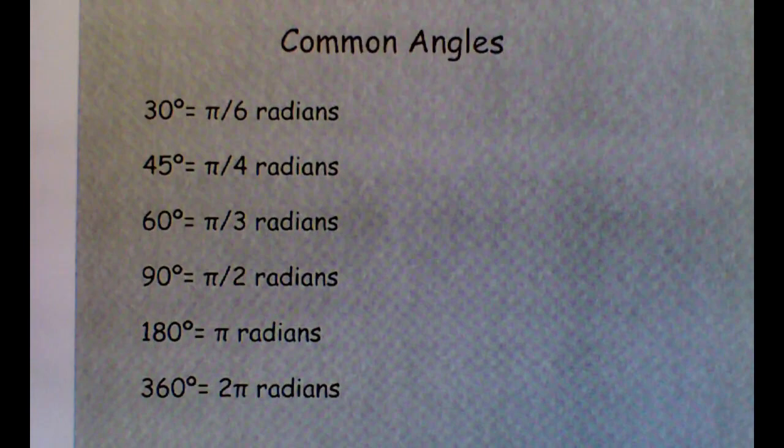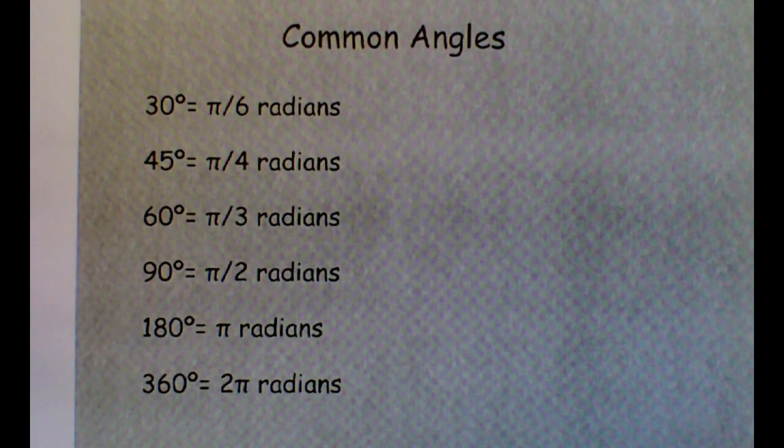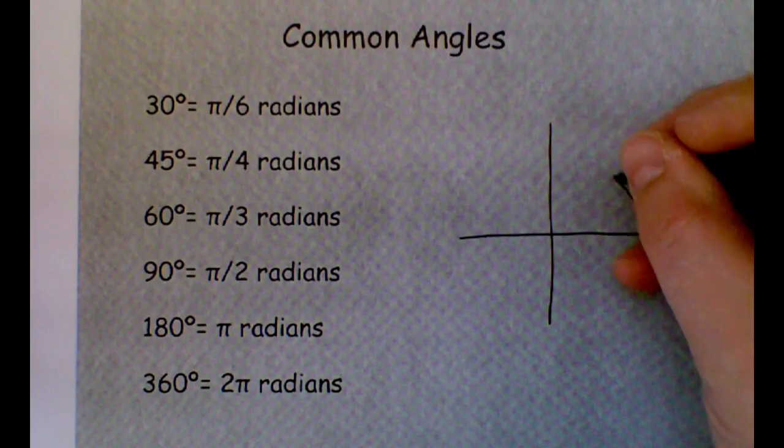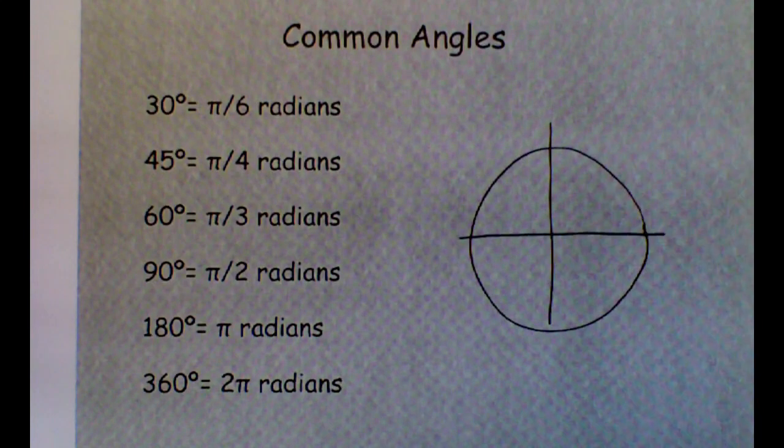Some common angles for us. 30 degrees is pi over 6 radians. 45 degrees is pi over 4. 60 degrees is pi over 3. 90 degrees is pi over 2. 180 degrees is pi. 360 degrees is 2 pi. So if you were looking at a coordinate plane, we always think of this circle.